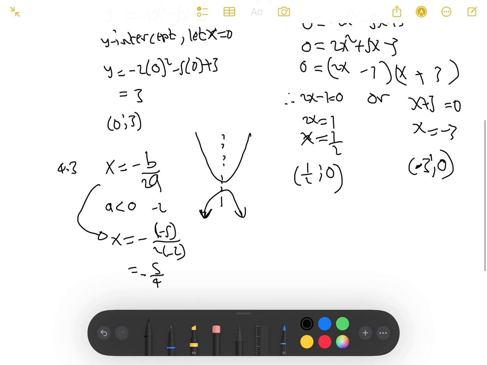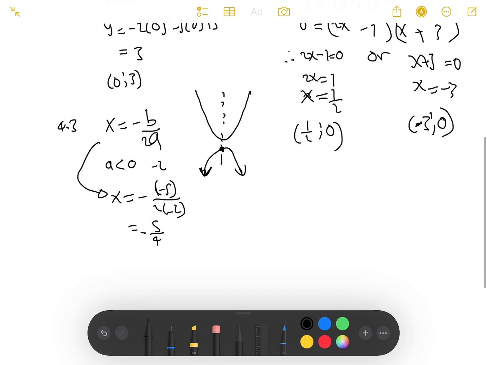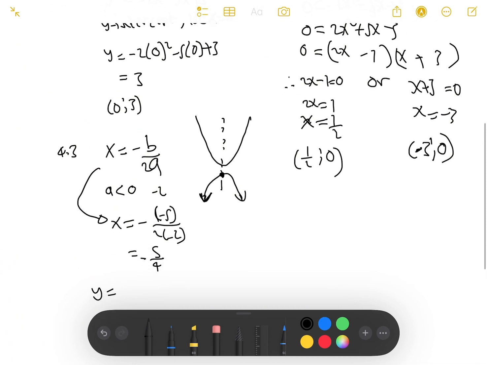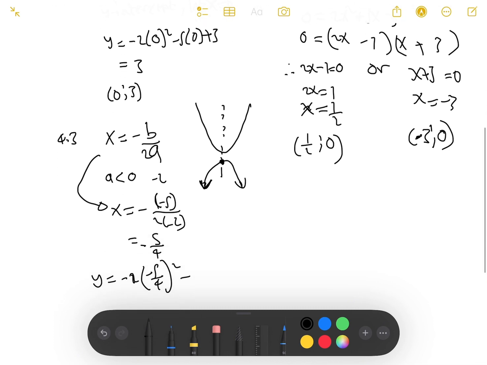How is that? This graph will be at its maximum where x is equal to negative 5 over 4. The turning point could be a maximum point or lowest point, but in this case it's a maximum point since the graph is facing down. The y coordinate at negative 5 over 4, we're going to substitute. Here we basically have negative 2 times negative 5 over 4 squared minus 5 in brackets negative 5 over 4 plus 3.